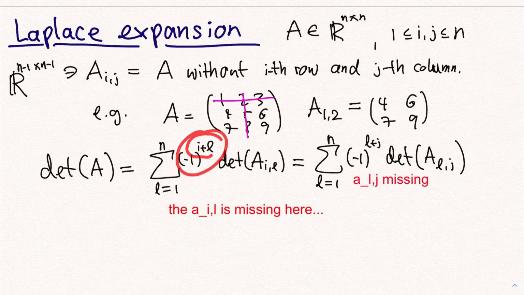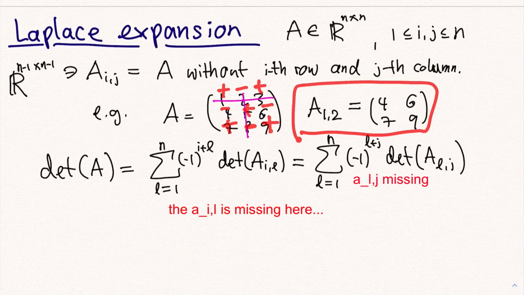This factor is quite easy to remember. Every time you consider the determinant of A_ij, you take the factor (-1)^(i+j). This means that in this matrix you could think of plugging in some kind of a checkerboard with plus and minus. For example, in this case here, a_12, I just need to look here, oh, this is a minus.